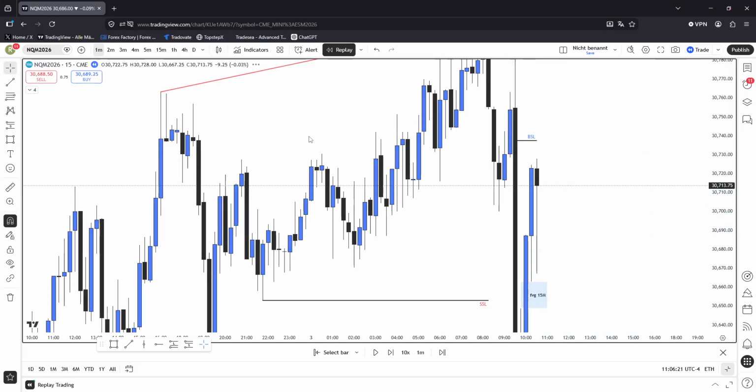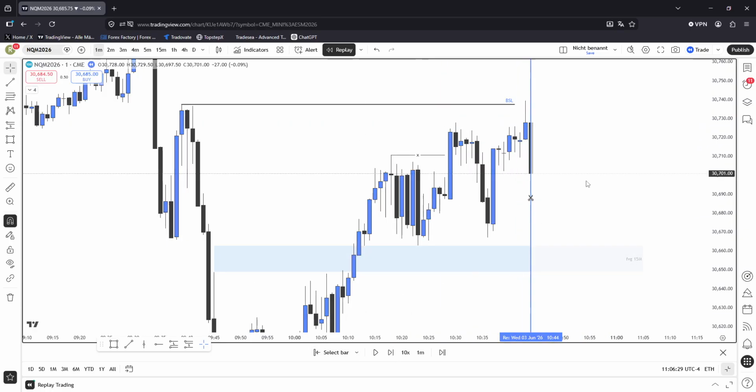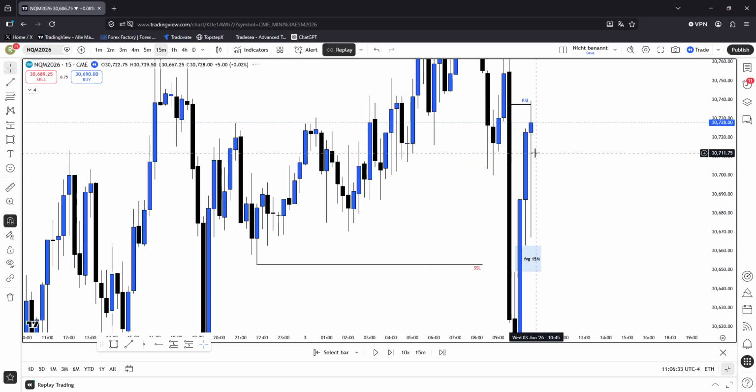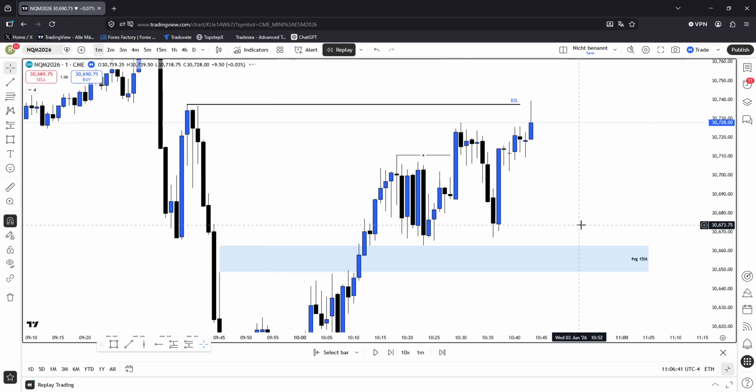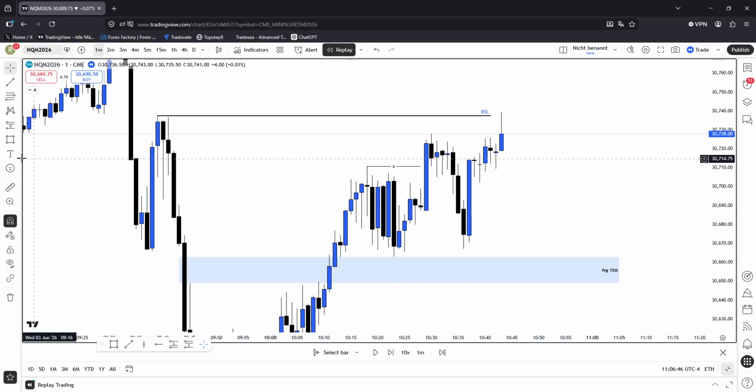So we waited. Let me skip forward. So boom, we get a really nice sweep of the high, and we were closing right inside the 50-minute FVG as well. That was a pretty nice foundation to take my second and last trade.